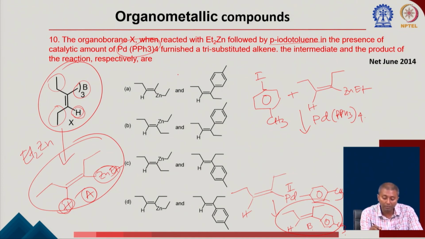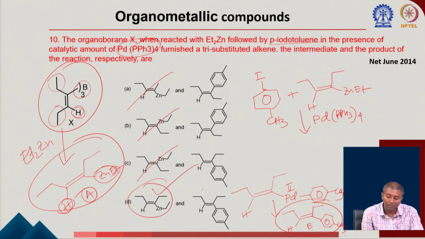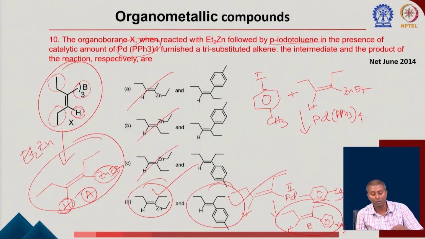Now this option cannot be right because it is showing one side ethyl, one side methyl. Again, this option also cannot be right because they are trans. Here you can clearly see that both are cis, and zinc and H are cis to each other. So this is the correct option, and the polarity is also showing correct. So the option D is the correct option.